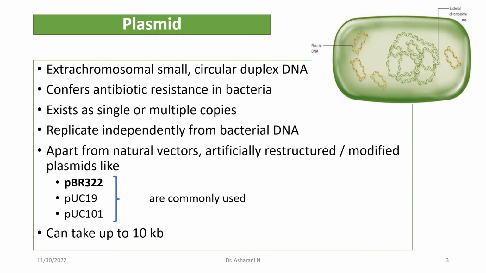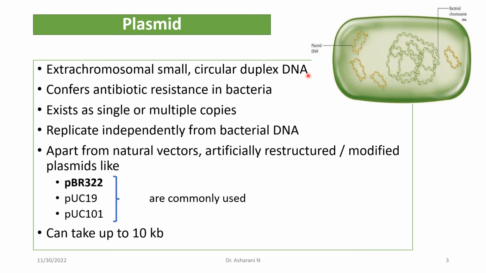Plasmids. So commonly we have bacterial plasmids. They are extrachromosomal, small, circular and duplex DNA molecules. There are several properties which make them extremely useful as cloning vectors. For example, they have an origin of replication and they confer an antibiotic resistance gene.